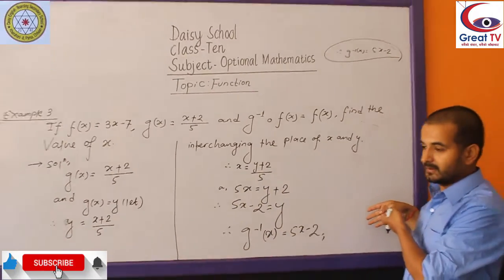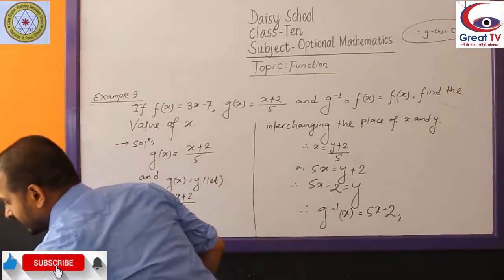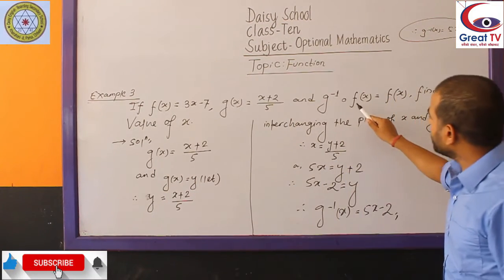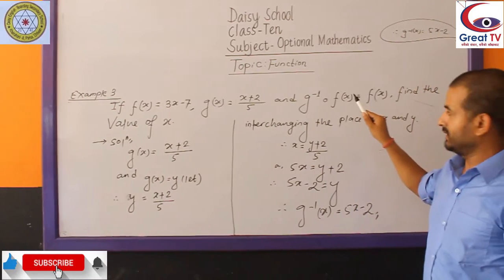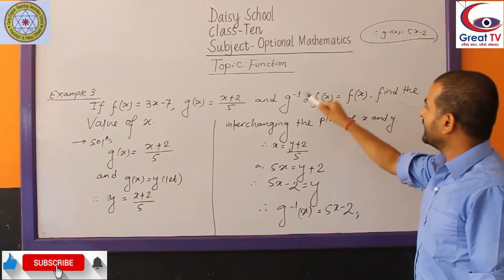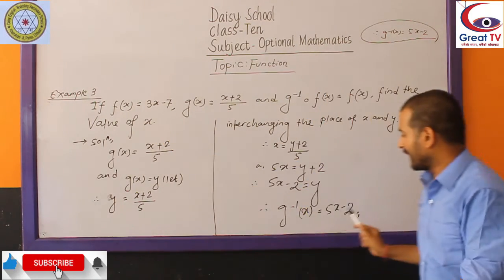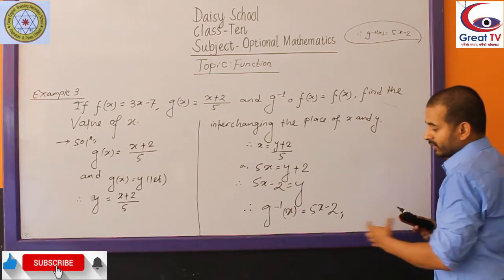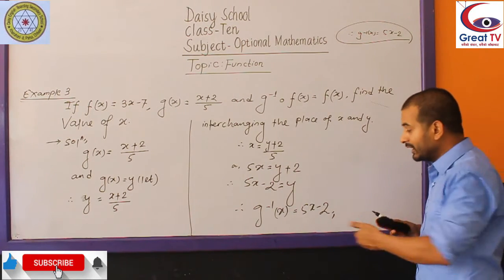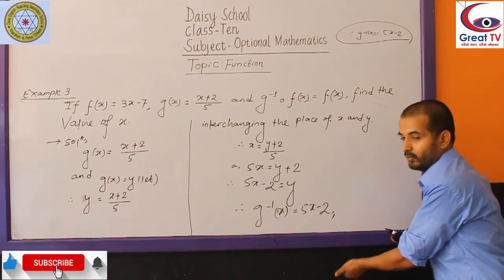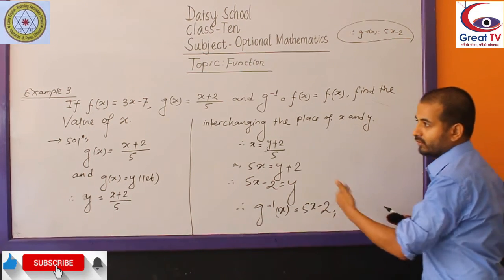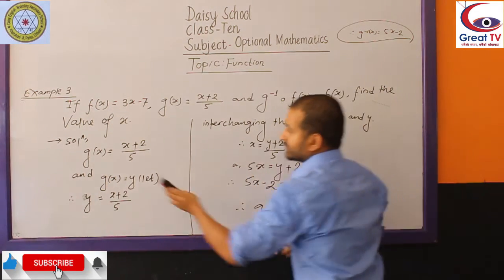And now next, that is, f(x) followed by g inverse will be f(x). So by this relation we are getting the value of x here. Now my solution will continue from here, so for that I have to rub it.